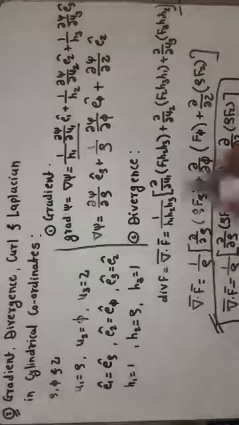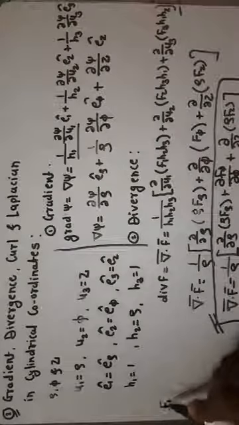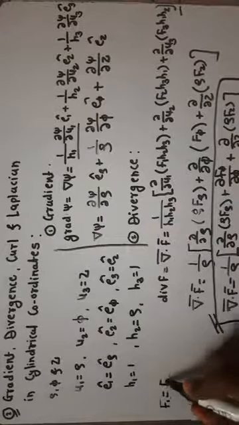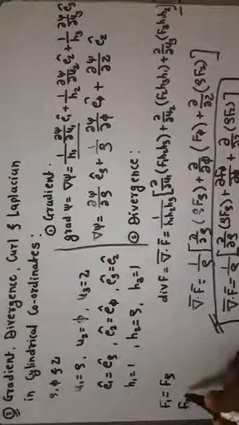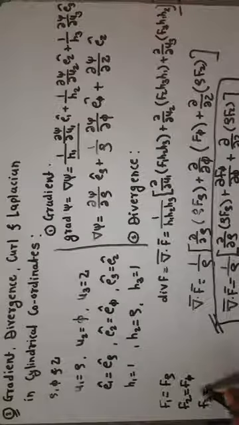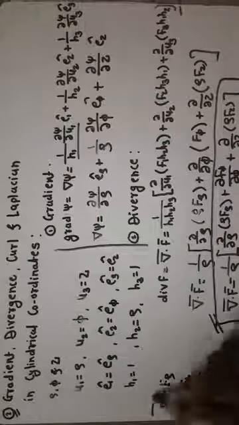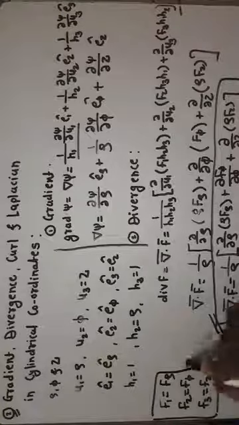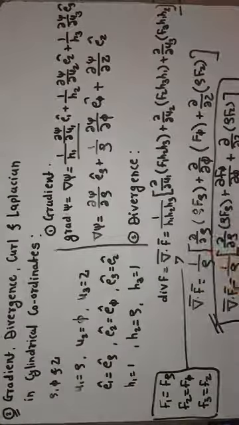Here we substitute F1 means F rho, F2 means F phi, F3 means Fz.